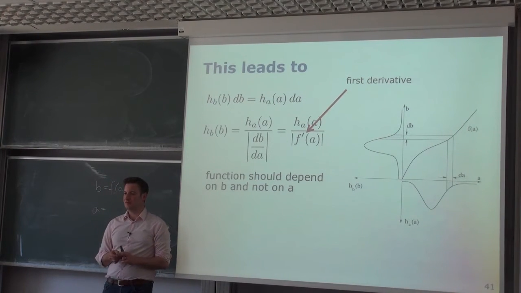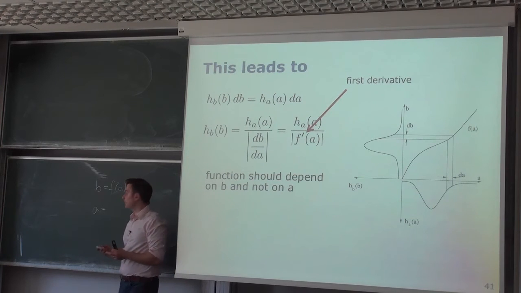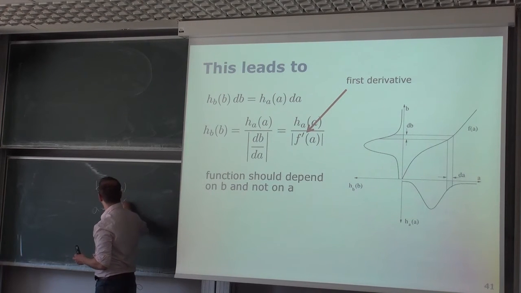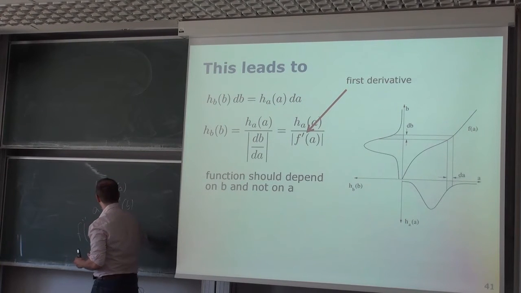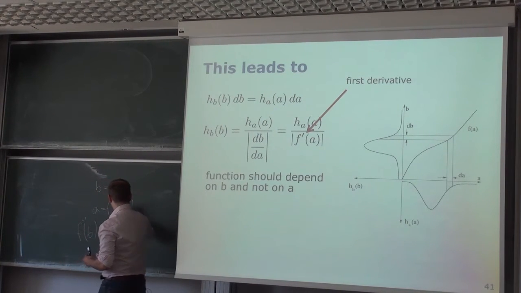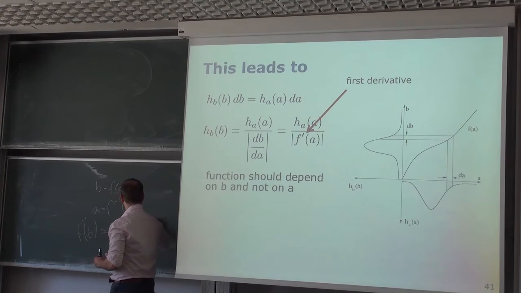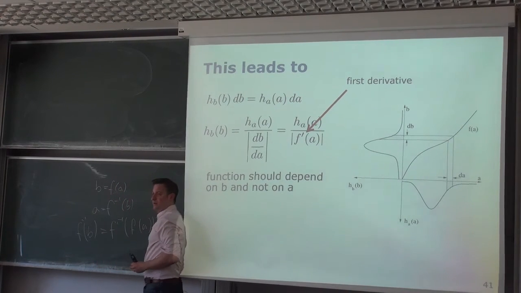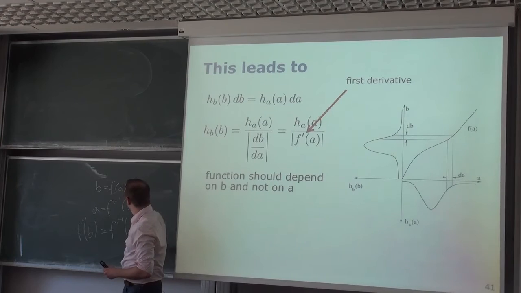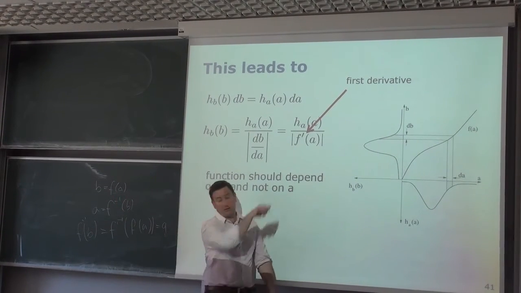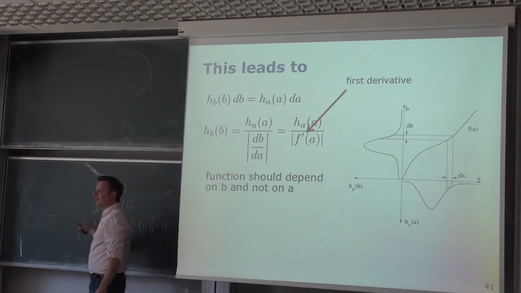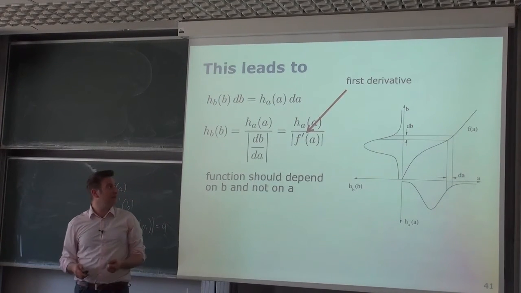Yes, I need the inverse function. Exactly, I need the inverse of f. Because if I write f minus 1 of b equals f minus 1 of f of a equals a. So now I simply need to replace this a over here by f inverse of b.